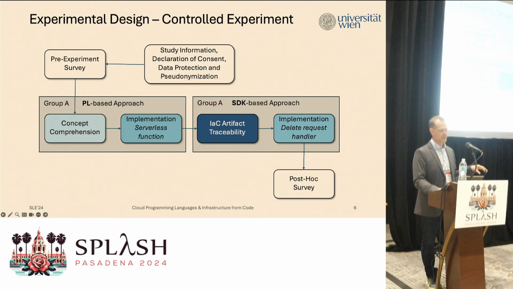In Group A, they first started with the programming language-based approach, and we assessed concept comprehension of the programming language-based approach using multiple choice questions and or open questions. Then they had to implement or extend an existing application.